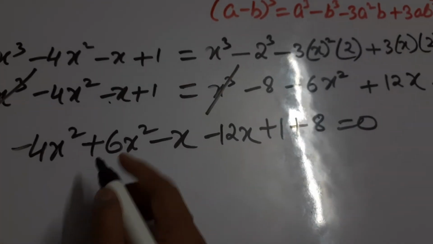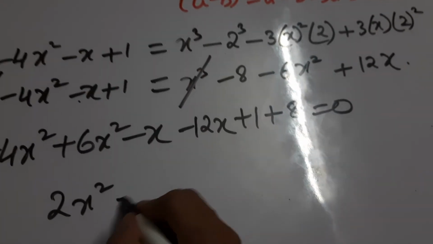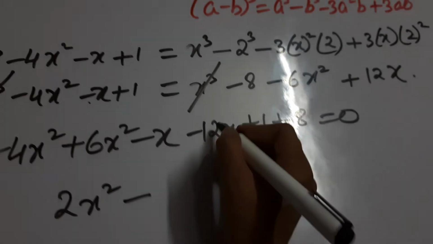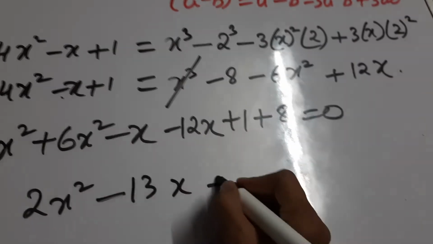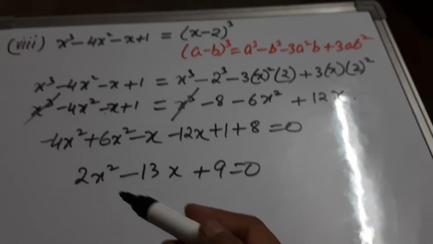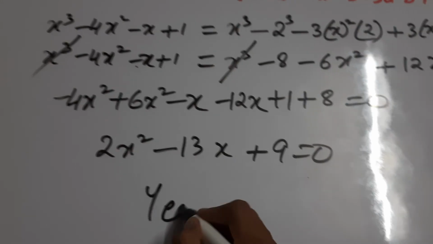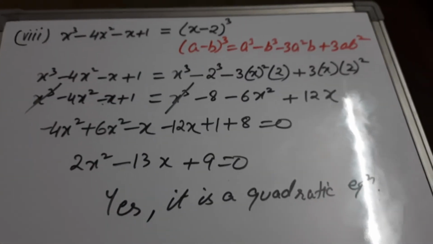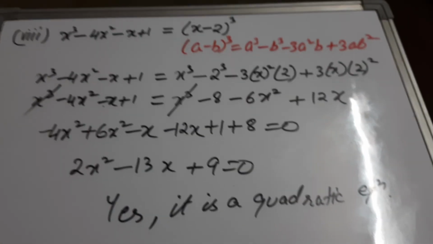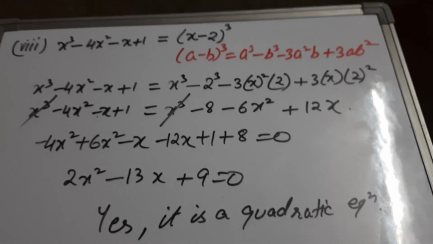So 6 minus 4 you will get 2x square, minus minus plus but minus लेंगे, 1 plus 12 13x plus 9 is equal to 0. So what is the degree of this equation? 2. So we will call it as a quadratic equation. So we will write yes, it is a quadratic equation because the degree of equation is 2. So I hope it is clear to you.